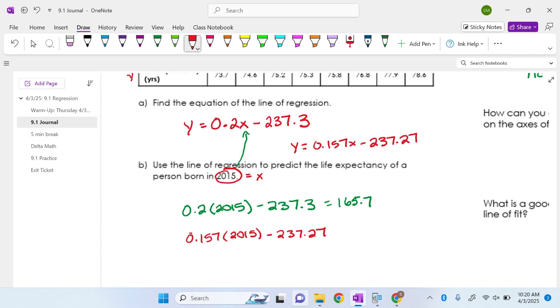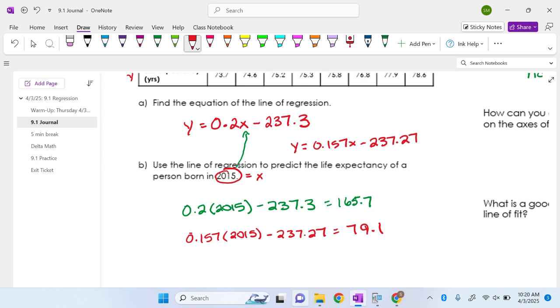Did anyone get an answer for that yet? 79.1. So guys, can you see how a couple of decimal places can really change your answer? These aren't even close.